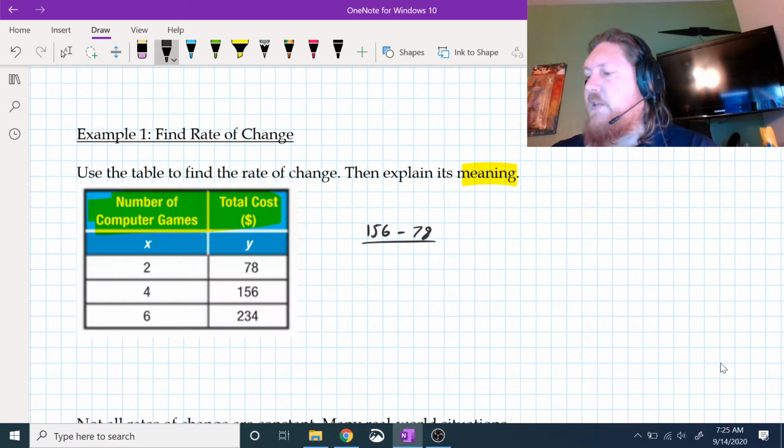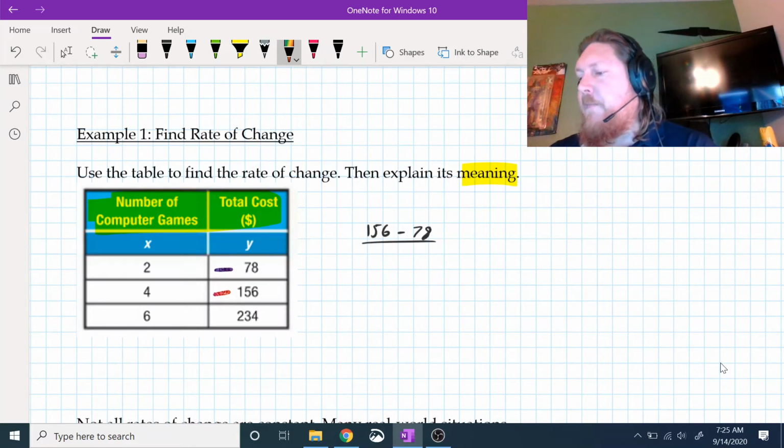That is the change between those two coordinates. So I'm going to compare those two y values with their corresponding x values. 156 is correlated to 4, and 78 is correlated to 2.